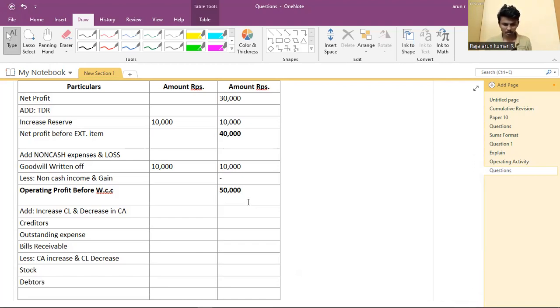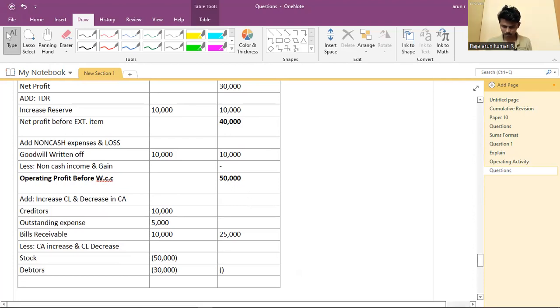Do the amount: 10,000, 5,000, 10,000 again. Add the three, 25,000. Less 5,000, then 50,000, 30,000, 80,000.